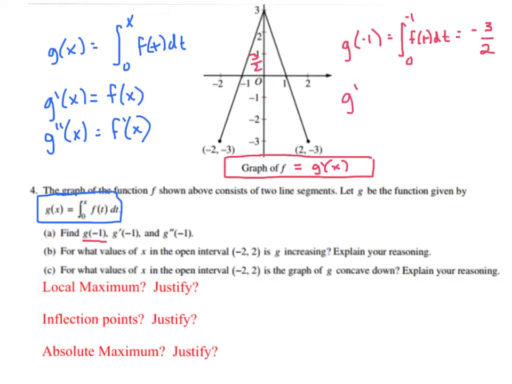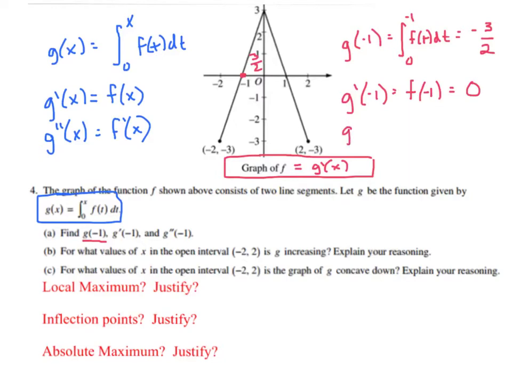Well, g prime of negative 1, and again, go over to your kind of blue key here. We're just substituting, we put negative 1 there. G prime of negative 1 is equal to f of negative 1. Well, f of negative 1, we have the graph of f. F of negative 1 is 0. It's just the graph's value at negative 1.